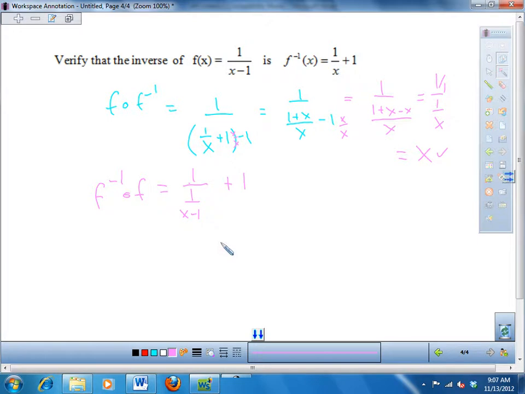So this is like 1 over 1 over x minus 1, so I can multiply it by the reciprocal. So this whole piece becomes what? That becomes x minus 1 plus 1, which is x. So since both f of f inverse of x is equal to x, and f inverse of f of x is equal to x, then these two functions are inverses of each other.